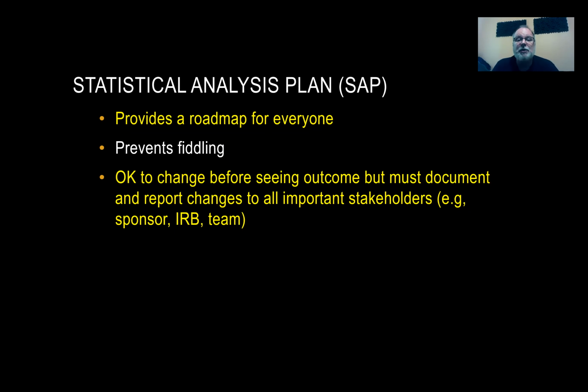Now it's okay to change that SAP along the line as long as you haven't seen the data, and so long as you have reported that change and okayed it with all the important stakeholders: the IRB, the sponsor, people on your team. So we always want to be transparent and make sure that there are no hidden changes. Next.